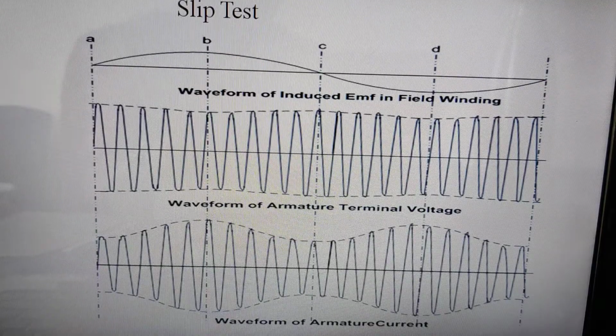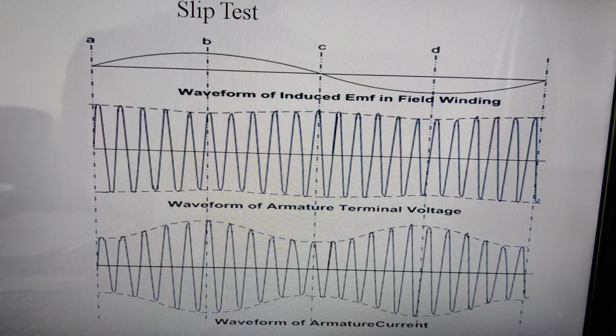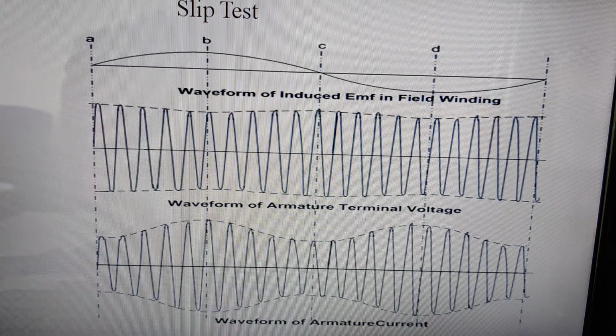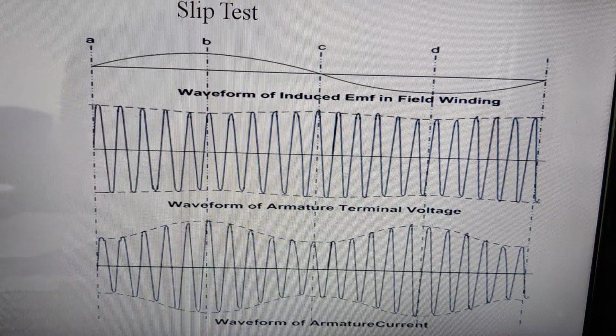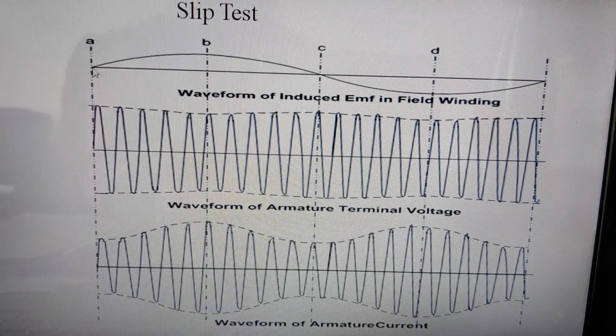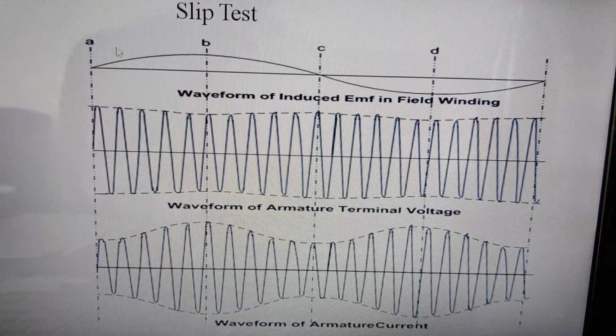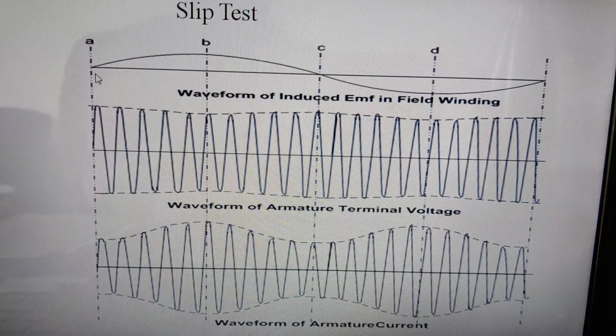You can see in the waveform that when the armature MMF wave is along the direct axis, the armature flux passing through the open field winding is maximum.